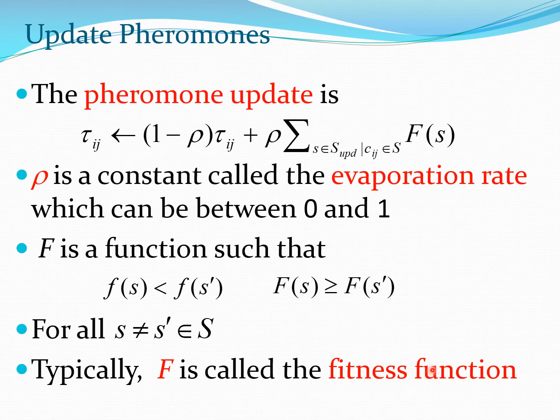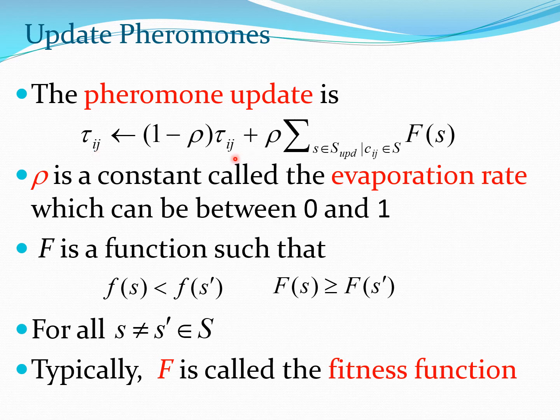So let us now look at the mathematical formula which we use for this kind of update rule. This is given by tau ij equals (1 minus rho) tau ij plus rho times the sum of f of s, where f of s is essentially a fitness function. Now, if you look at the two extreme situations here, if rho is 0, then essentially the term involving the fitness function becomes 0, and all you have is tau equal to tau.